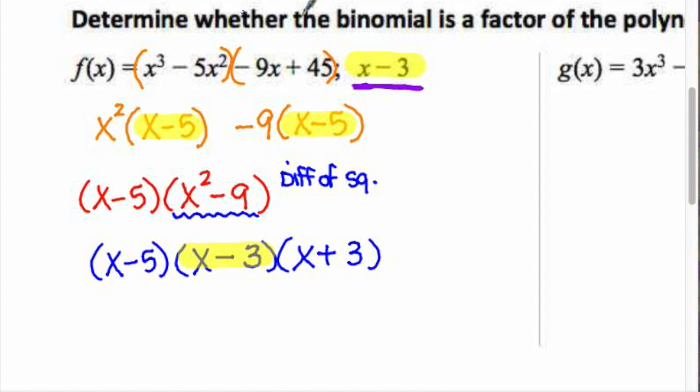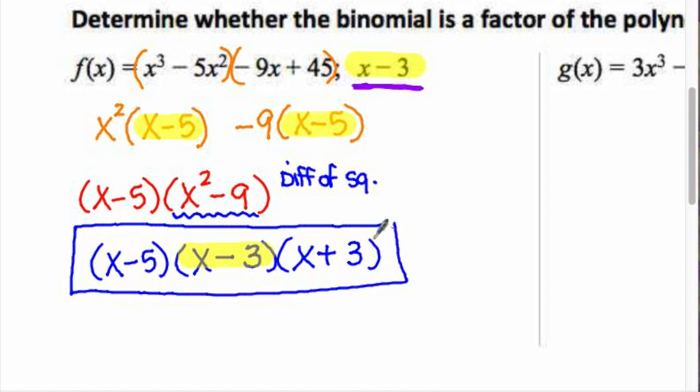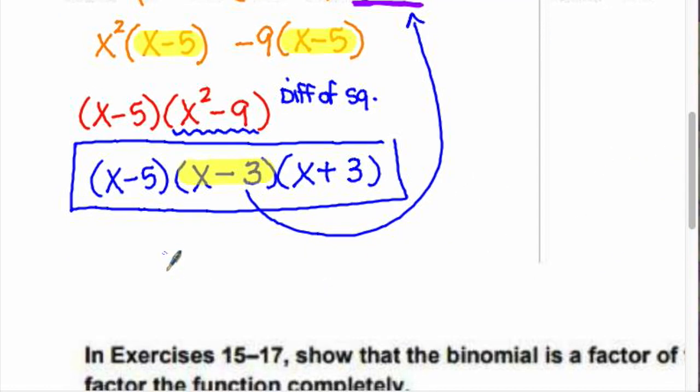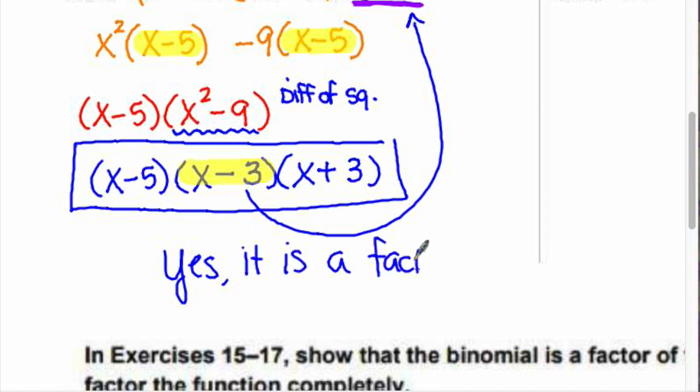So it says determine whether the binomial is a factor. Well, this is what we factored that polynomial out to, and x minus 3 was one of the factors. So our answer here is yes, it is a factor. Awesome. So that's one method, right? We could go through and factor and just see if what they gave me is one of the factors.